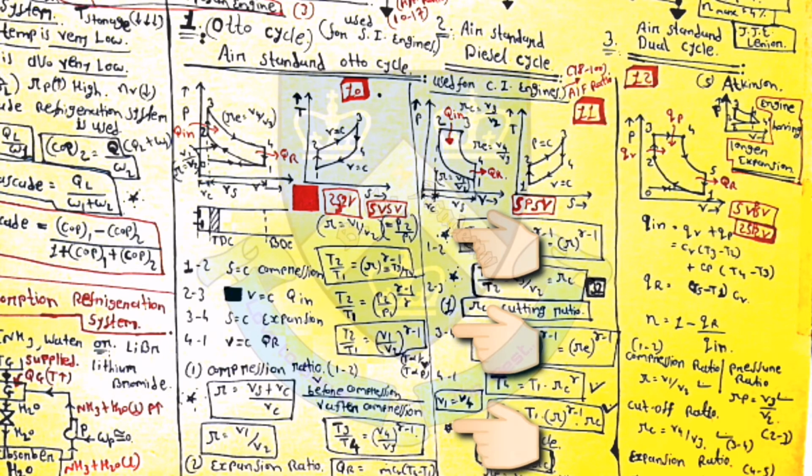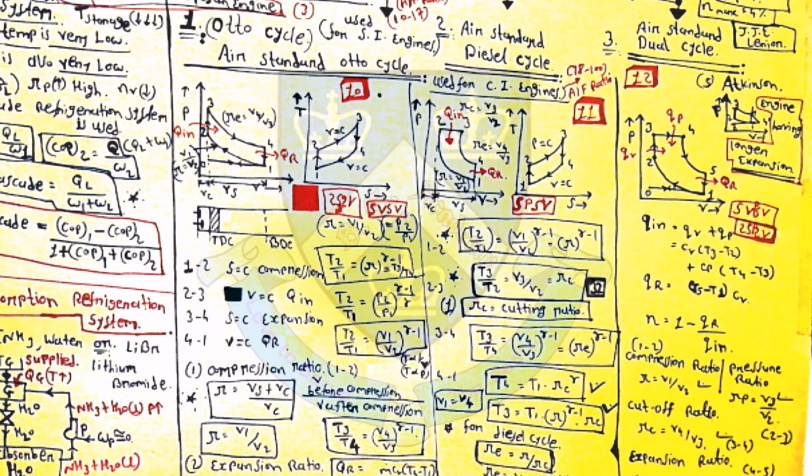Then equations for T1, T2, T3 are T2 by T1 is equal to R raised to gamma minus 1, which is equal to T3 by T4, and T2 by T1 is equal to P2 by P1 raised to gamma minus 1 upon gamma, and T2 by T1 is equal to V1 by V2 raised to gamma minus 1.